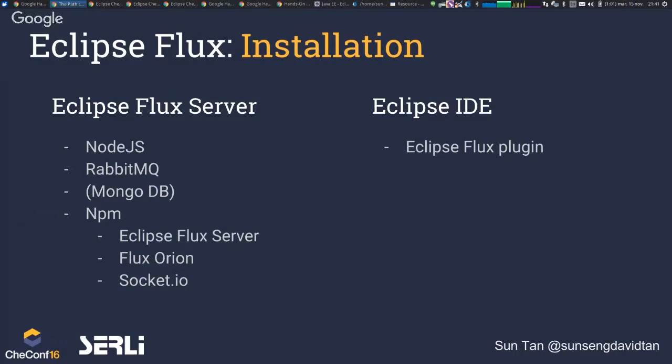If you want to install Eclipse Flux on your computer, you have to install Node.js and RabbitMQ, and then with npm we get the Eclipse Flux server, Eclipse Orion with the Flux plugins, and Socket.io. In the Eclipse IDE, you can install the Eclipse Flux plugin.